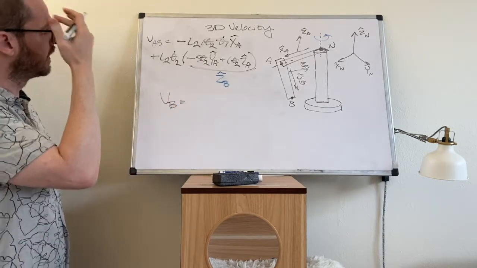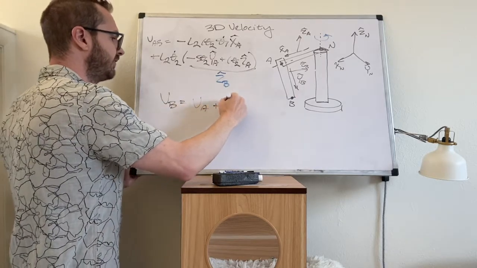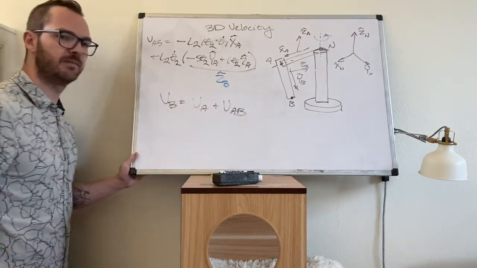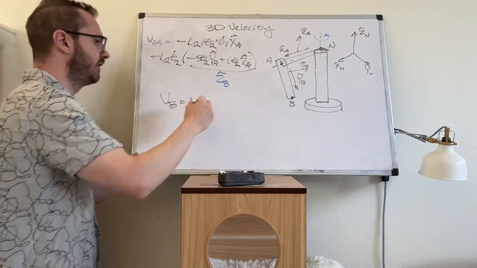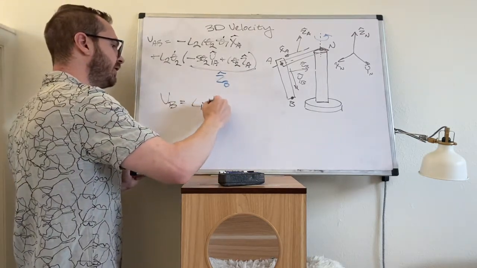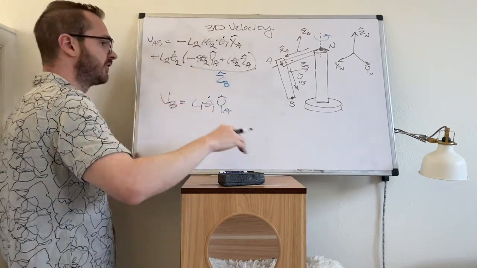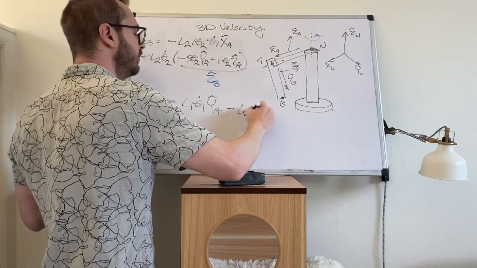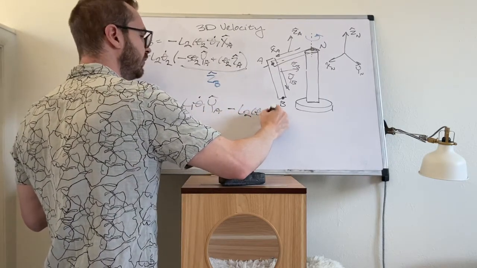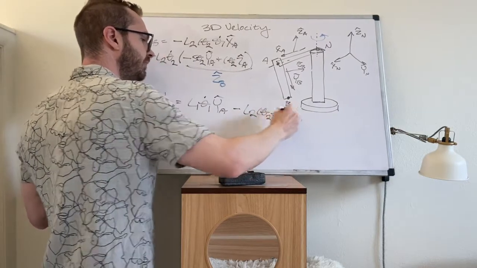So what that means is your total velocity VB, remember, VB is equal to VA plus VAB. We already said what VA was. VA is L1 theta 1 dot YA, and then I'm just going to bring these terms down. Then there's negative L2 cosine theta 2 theta 1 dot XA.